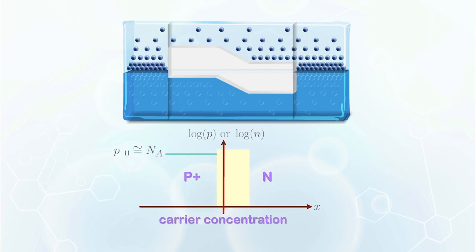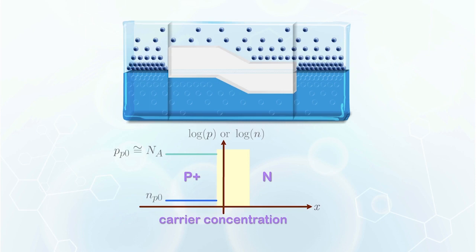The first subscript represents the region, and p means the P side. The second subscript, 0, represents the thermal equilibrium value. The minority carriers, or electrons, on the P plus side are represented by Np0, which indicates the concentration of electrons on the P side at thermal equilibrium.